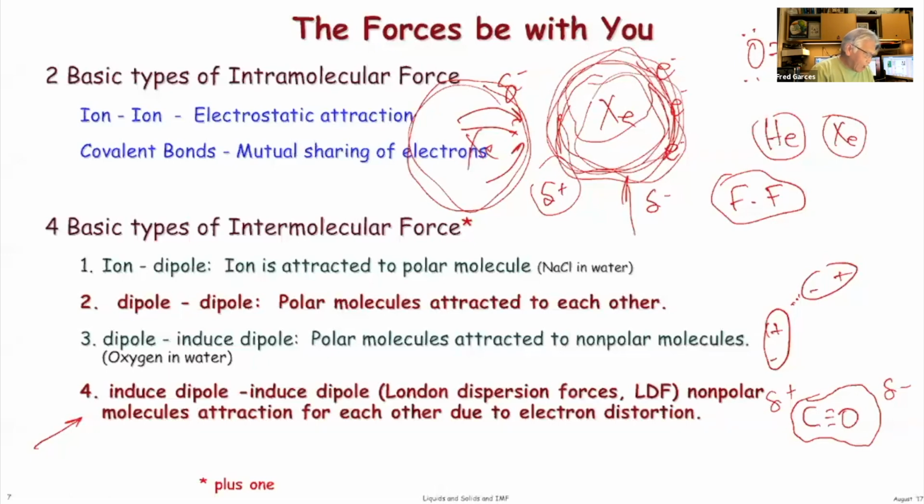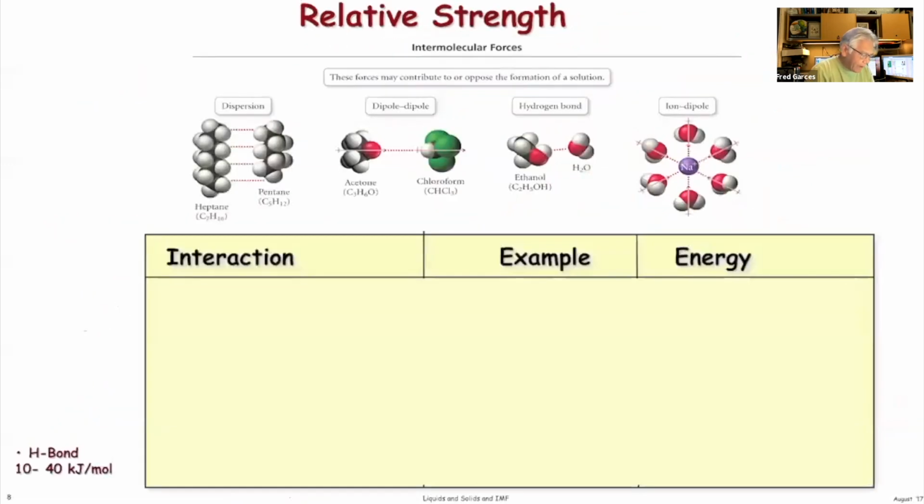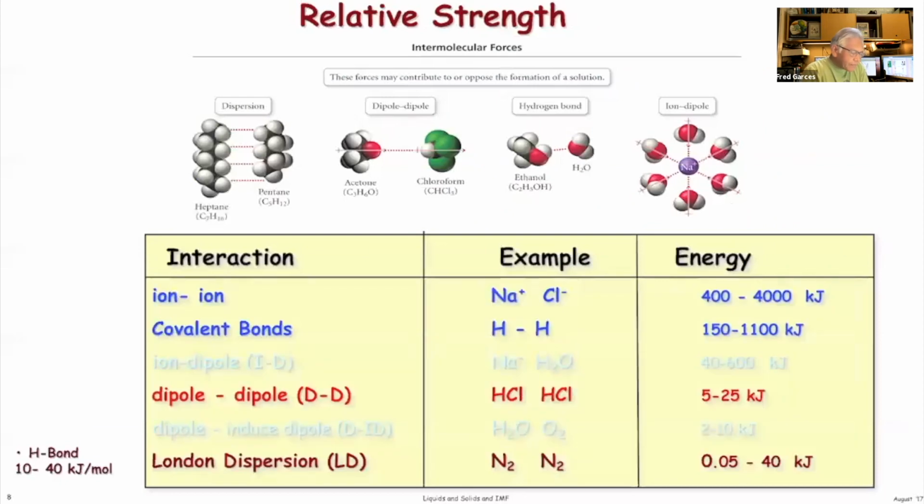And I forgot to put one more in here, and that one happens to be hydrogen bonding, which is really important for water. Okay, so again, these are the relative strengths, but don't think of it as black and white. Some induced dipole can be stronger than dipole, even though the range is going to be wider.